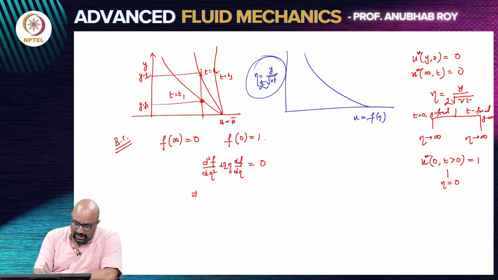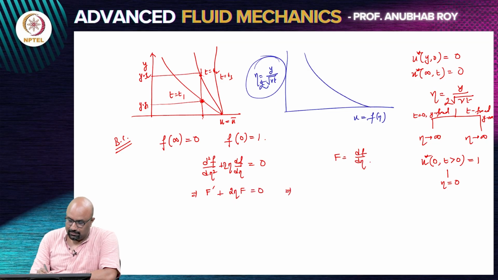So, I can write this. If I define capital F as df d eta, then this is F prime plus 2 eta F is equal to 0. So, F prime by F is equal to minus 2 eta.